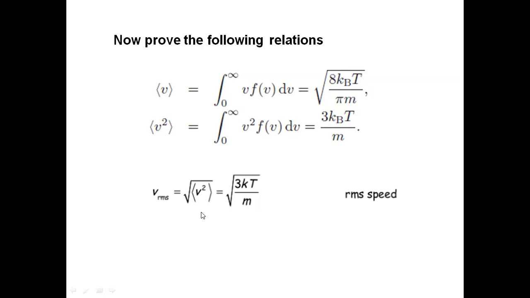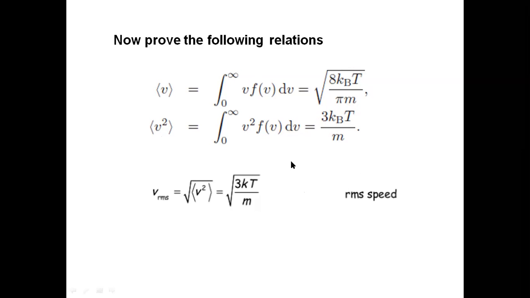And v_rms, we just take the square root of v square. This is the RMS speed.